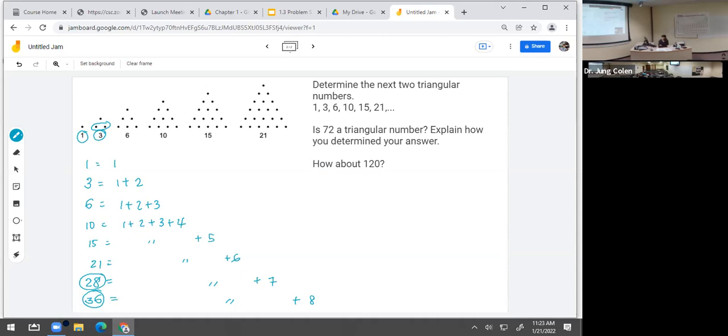And it says, is 72 a triangular number? Explain how you determined your answer. I want you guys to think about this first. I will give you about 1 minute. Okay? And think about whether 72 is a triangular number or not.